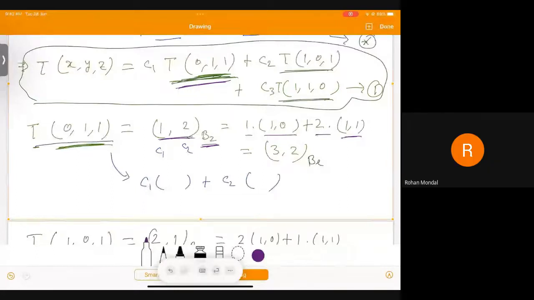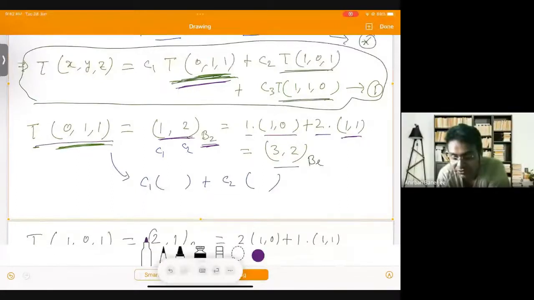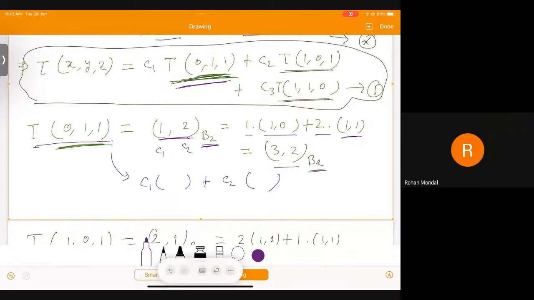And that gives us (3, 2) with respect to the standard basis.